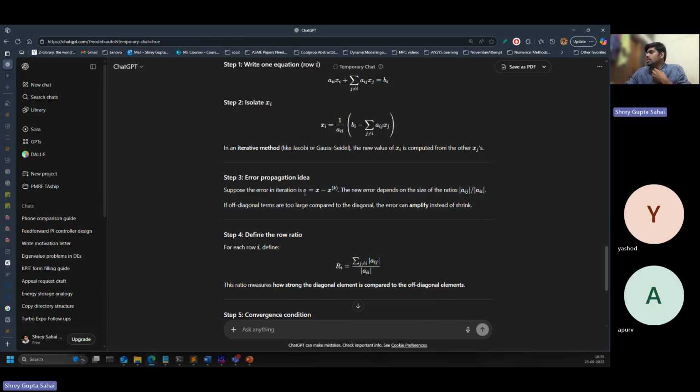The error in the iteration is x minus xk. The new error depends on the size of the ratio aij by aii. Let's see why it says so. The new error.